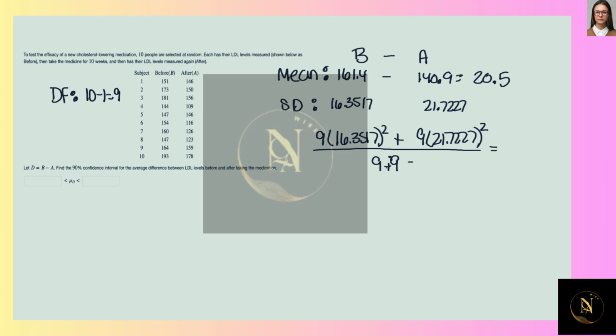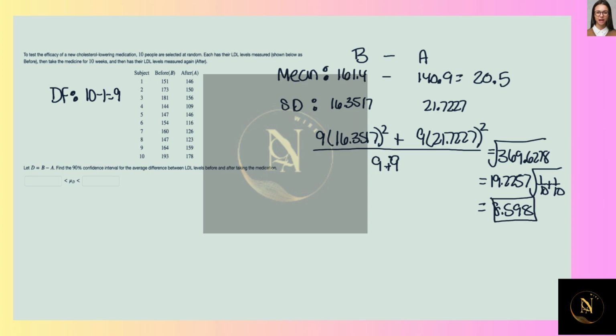And you're going to get a total of 369.6278. Then you're going to find the square root of that, and that is going to equal 19.2257. And then you're going to multiply that by the square root of 1/10 plus 1/10, and you are going to get 8.598. And that is their pooled variance.